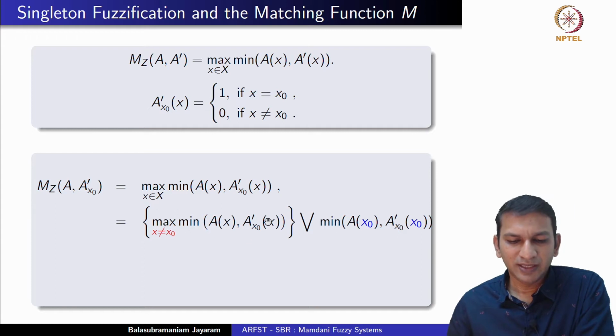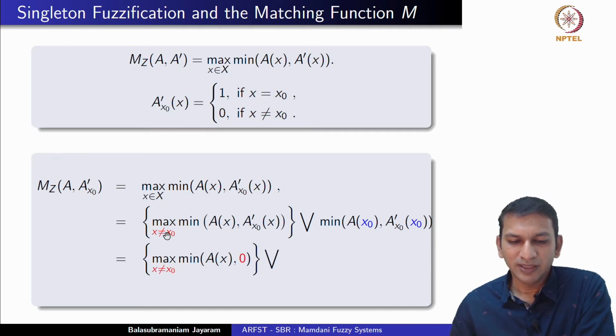Now look at this region. When x is not equal to x0, what happens to A dash x0 of x? It is essentially 0. So this part, A dash x0 of x, is actually 0. Now what happens to A dash x0 at x0? By this definition, it is 1.